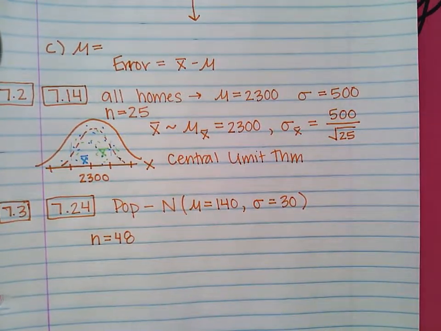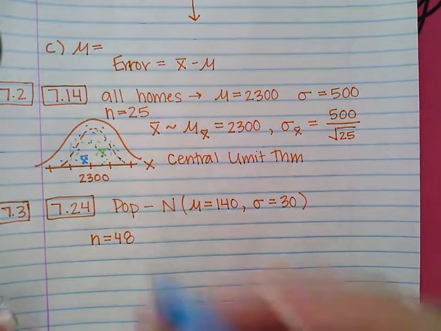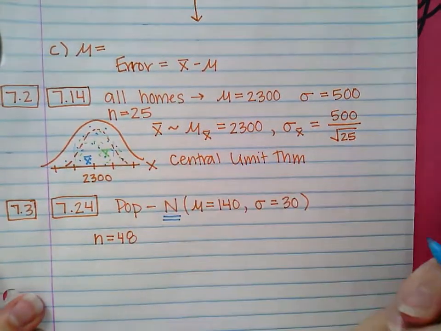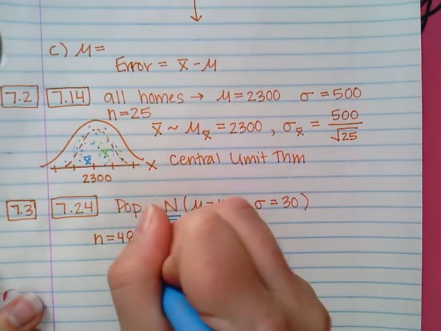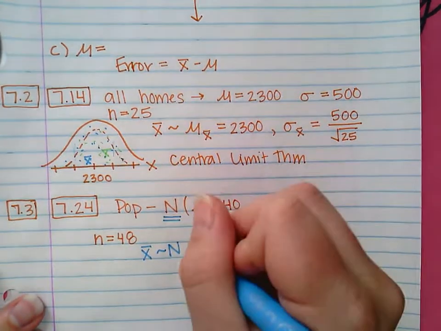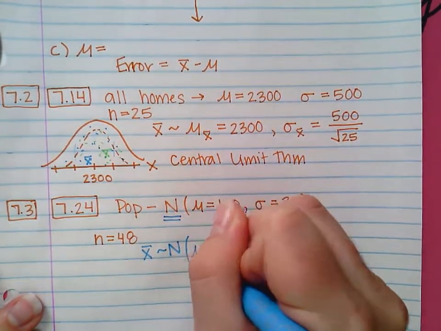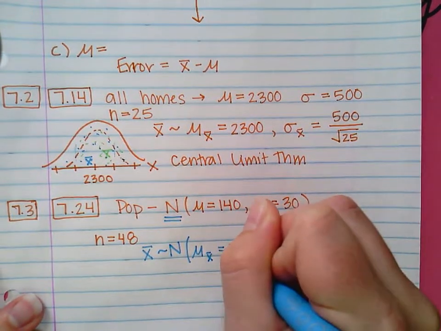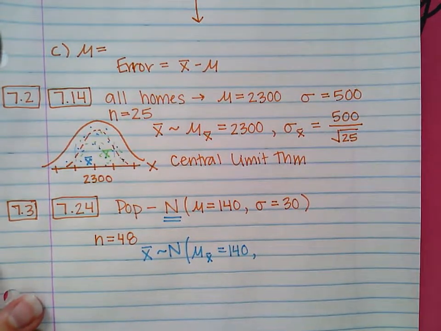Well, if your population is normal, every sampling distribution you take from a normal population is also going to be normal. The mean of that sampling distribution is centered at the exact same mean as your population.